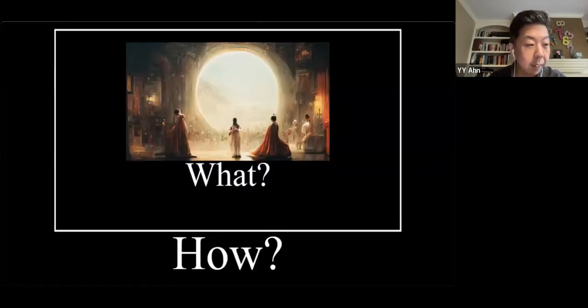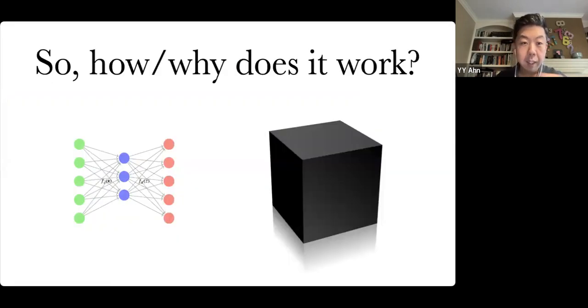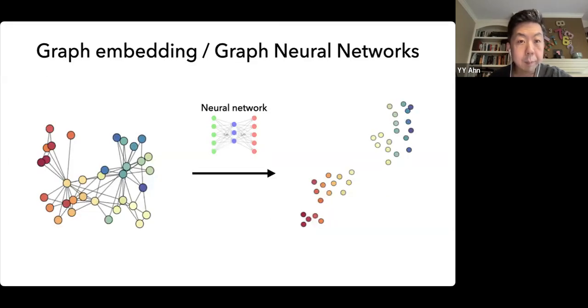But the question is, how does it work? What's happening inside this neural network? Usually these models are a black box, and it's really hard to understand how things are working inside them.